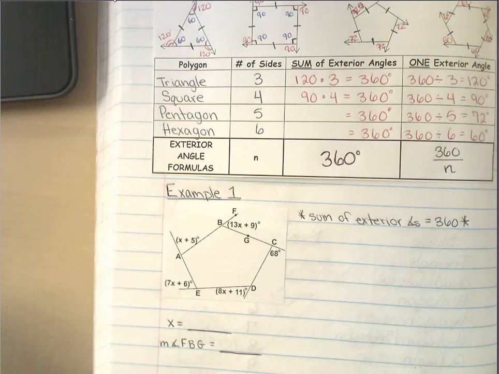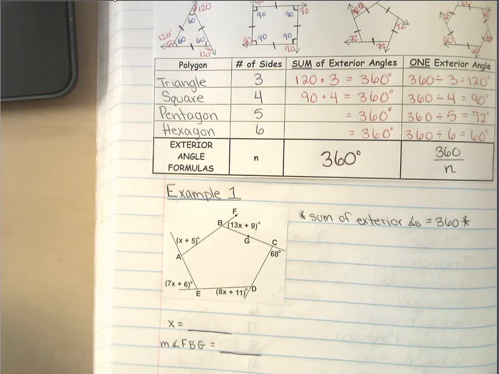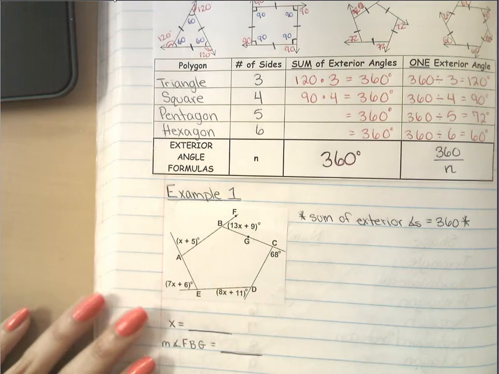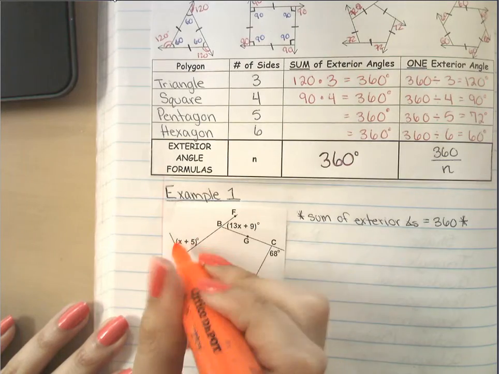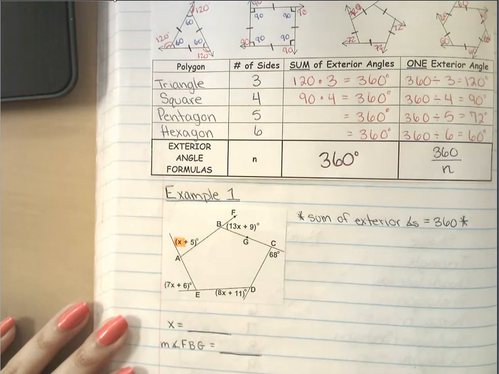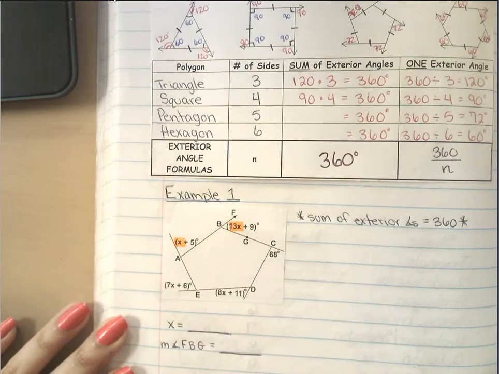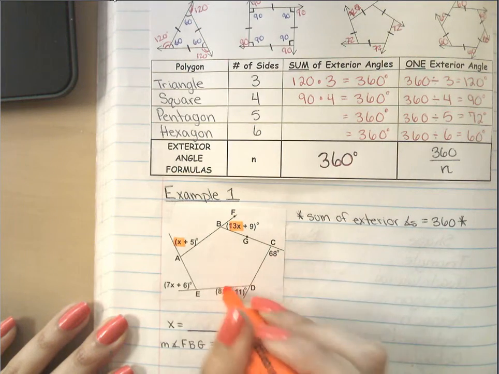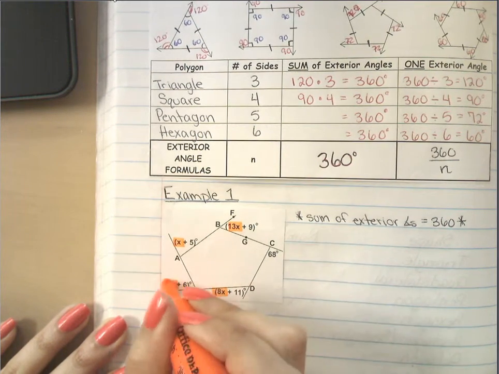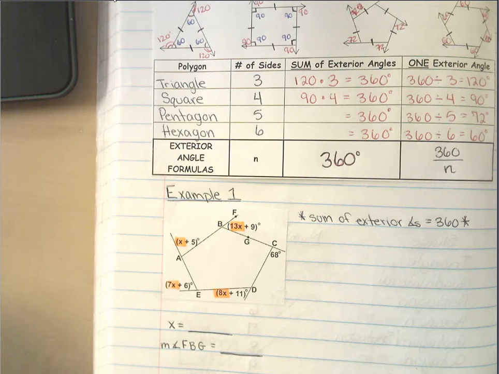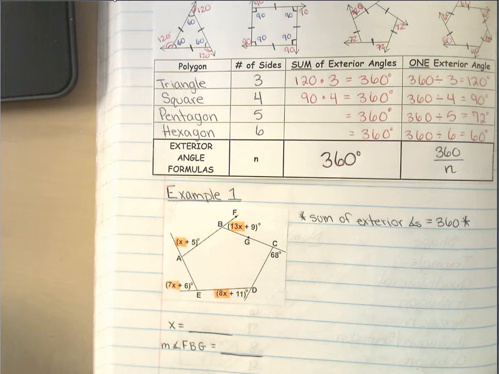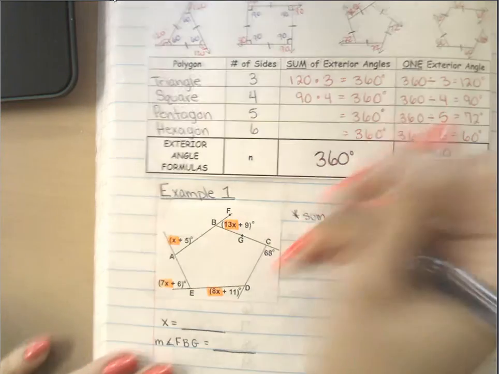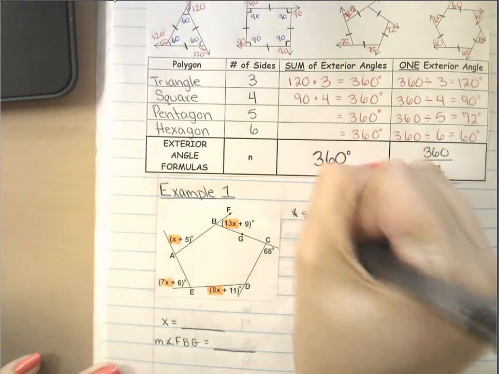First I add up all the x's: 1x plus 13x plus 8x plus 7x. When you add all those up, you get a total of 29, so I have 29x.